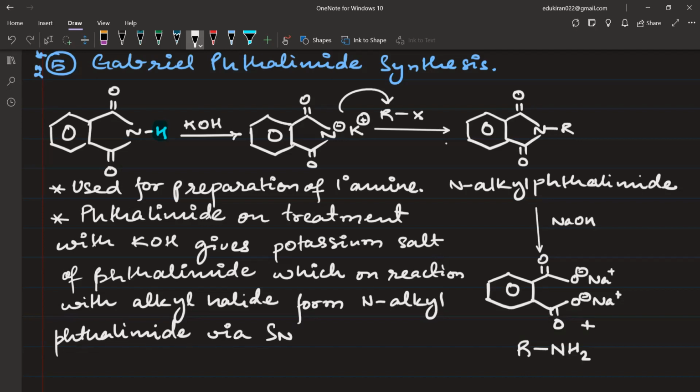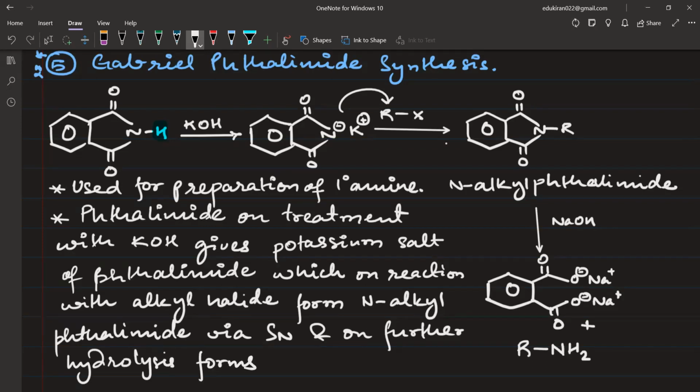Remember, SN is happening here, via SN. And on further hydrolysis, NaOH here means NaOH with H2O, it forms 1 degree amine. Write this quickly. Write aqueous here, so hydrolysis is happening, it is alkaline hydrolysis.